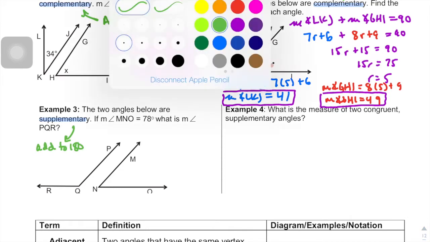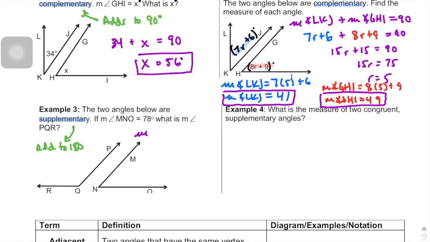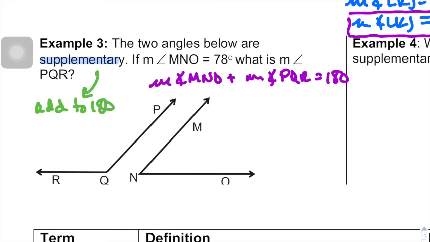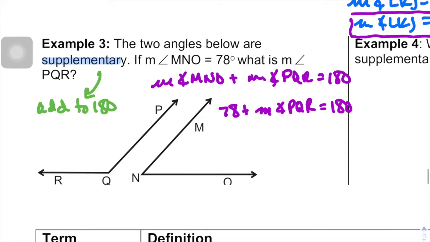So the measure of angle MNO plus the measure of angle PQR should add up to be 180. Now we know MNO is 78. Right? Solving, I'm going to subtract 78 from both sides. The measure of angle PQR is 102 degrees.